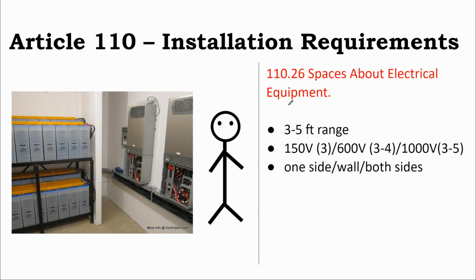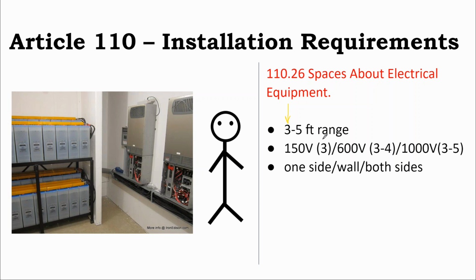However, that becomes a larger requirement if there is something behind you. So code says if there's nothing behind you, 3 feet, but if there is something behind you, we're going to step up the requirements.